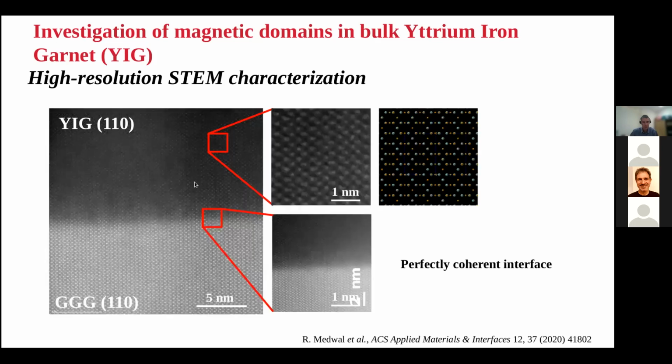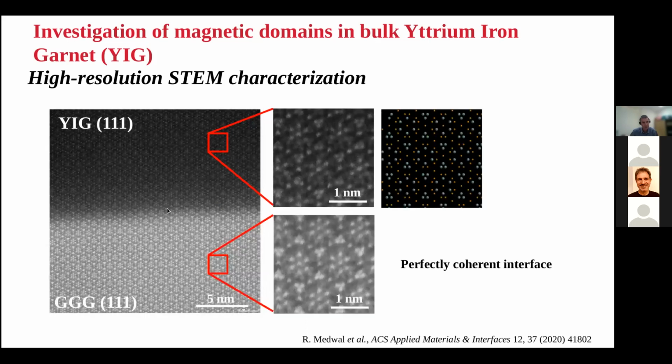This is in the 110 orientation, and this one is in the 111 direction, which gives a really nice pattern, by the way. There we have shown that they're able to grow a perfectly coherent YIG layer on top of GGG.